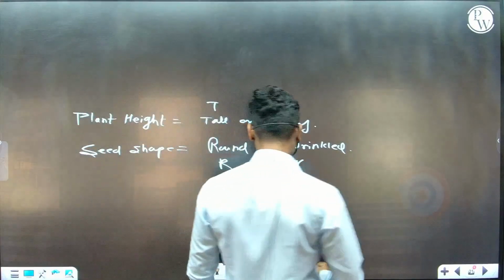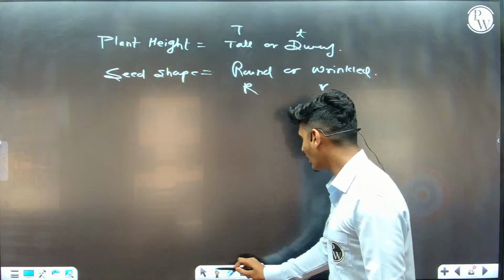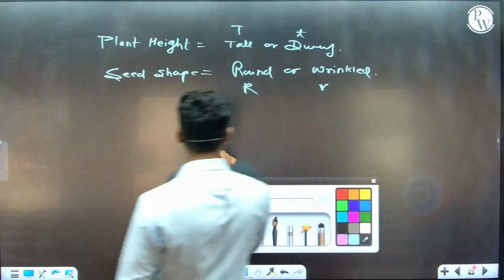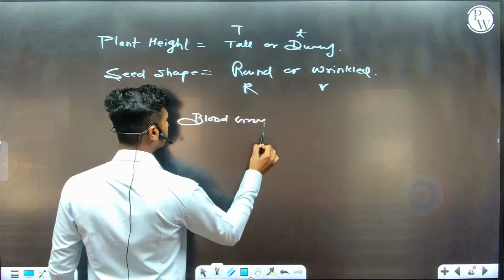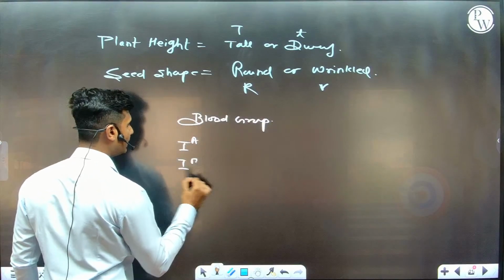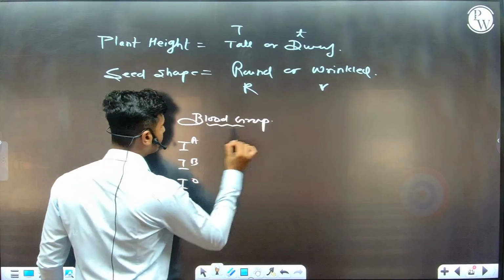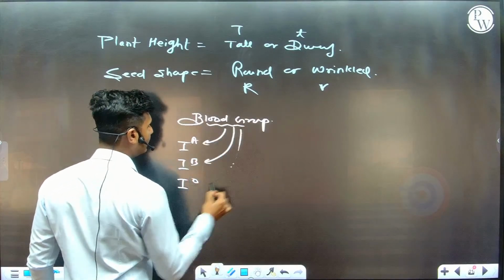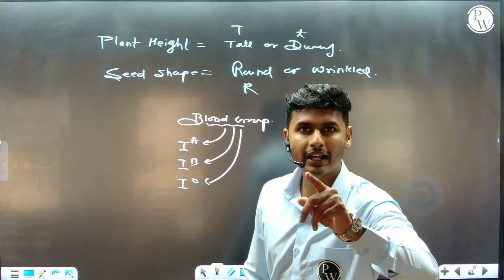Now, if we are talking about blood group, then one allele is IA, one allele is IB, and one allele is IO. A single character is controlled by how many alleles?